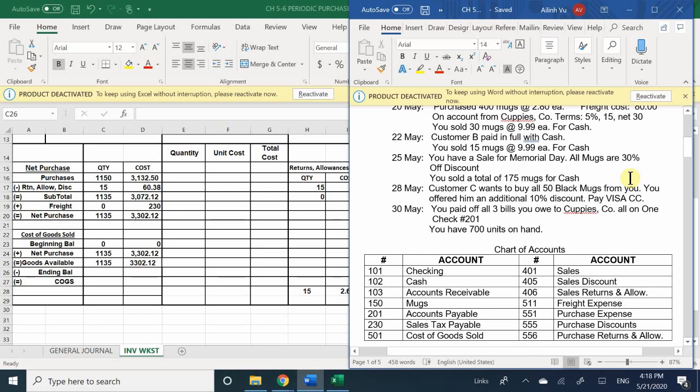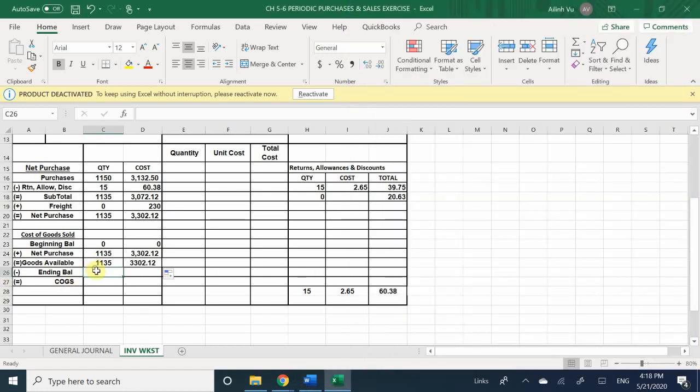Oh, 700. Yes. We have 700 left. So that means ending inventory is going to be 700. So how do you sold would then be the difference of 435. Yes, so you guys solved for that already. So we're going to go ahead and try to solve for how much all that stuff cost us.